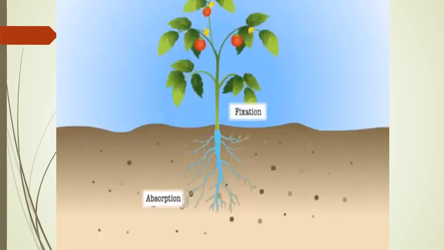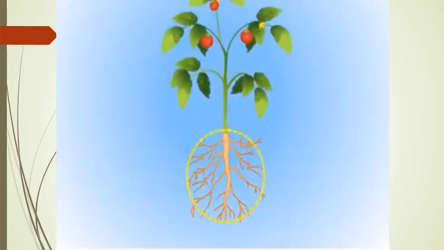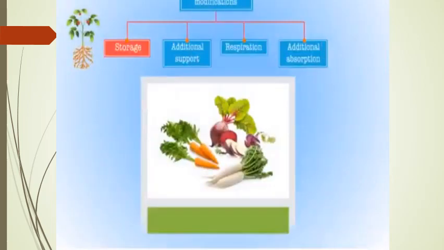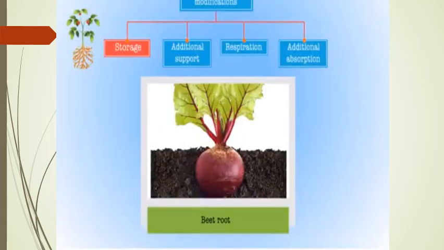Sometimes to adapt to their surroundings, roots are modified to perform additional functions. Roots may be modified to perform four main additional functions. They are storage, additional support, respiration, and additional absorption.